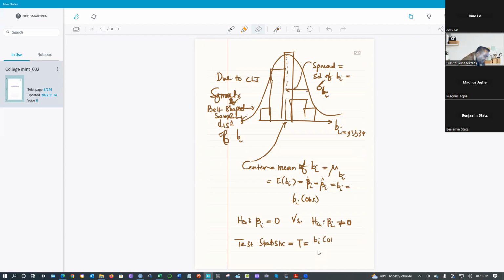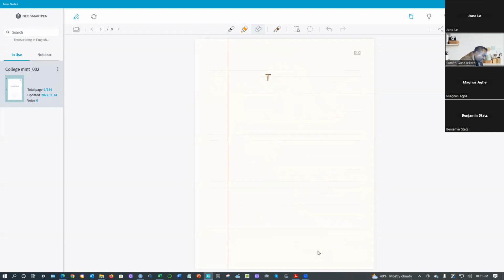If we don't have that, you can use the sample estimate, S sub Bi, since sigma is unavailable. So T is nothing but the mean of Bi divided by the standard deviation of Bi. That's what we are trying to say.